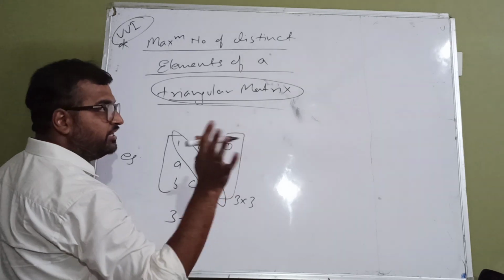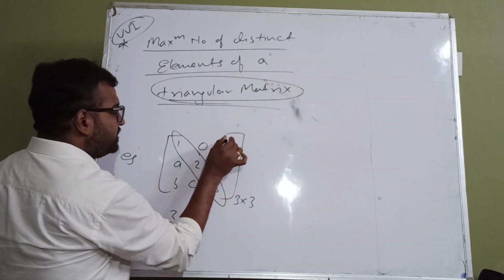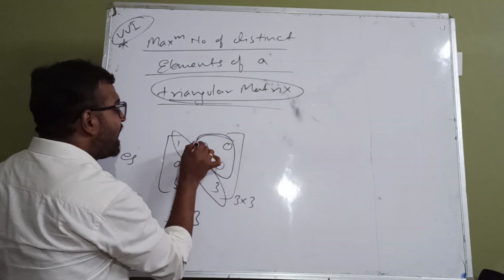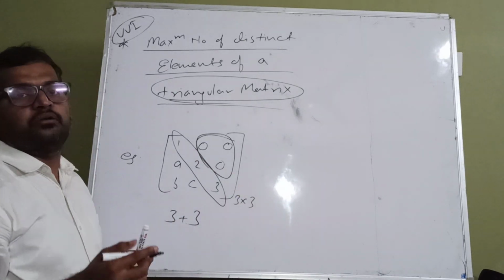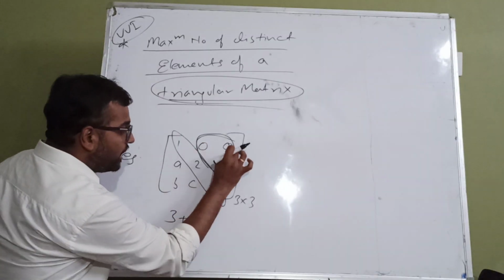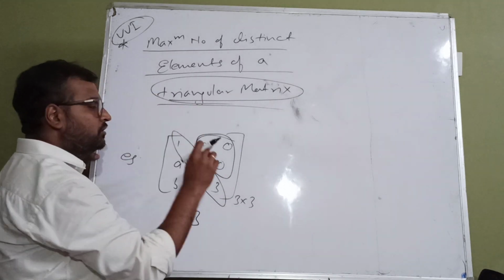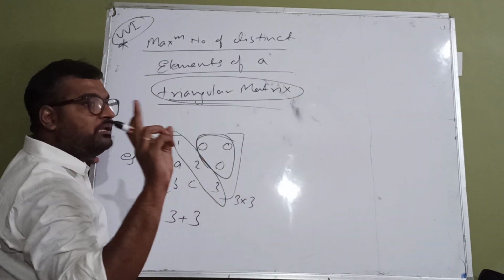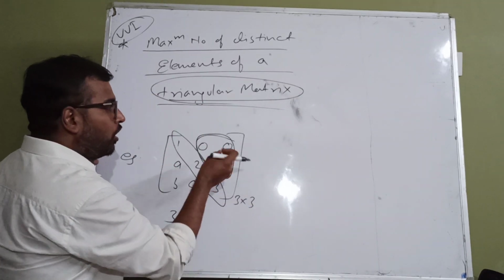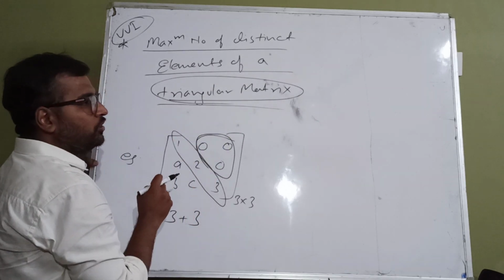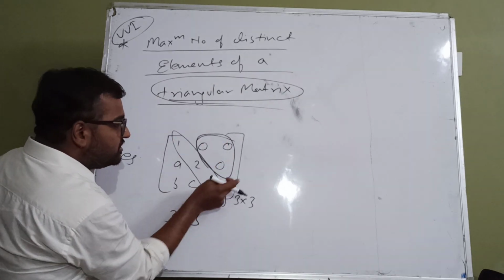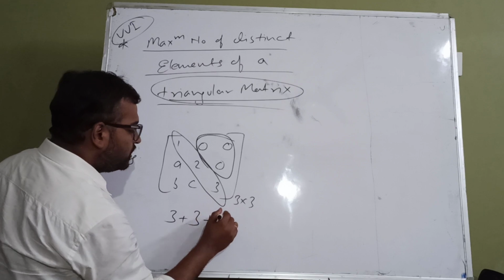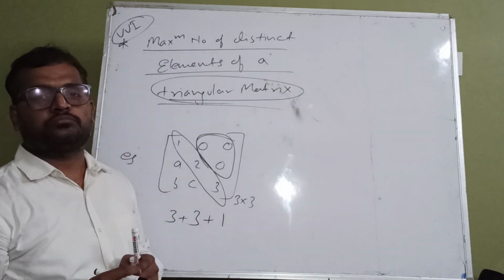Above the diagonal there are also 3 positions, but the elements are the same. All of them are 0. So how many total distinct elements are there? The total distinct element is 1.